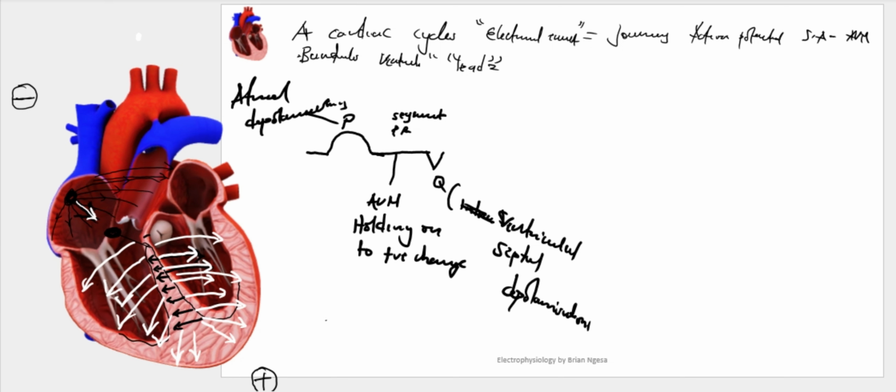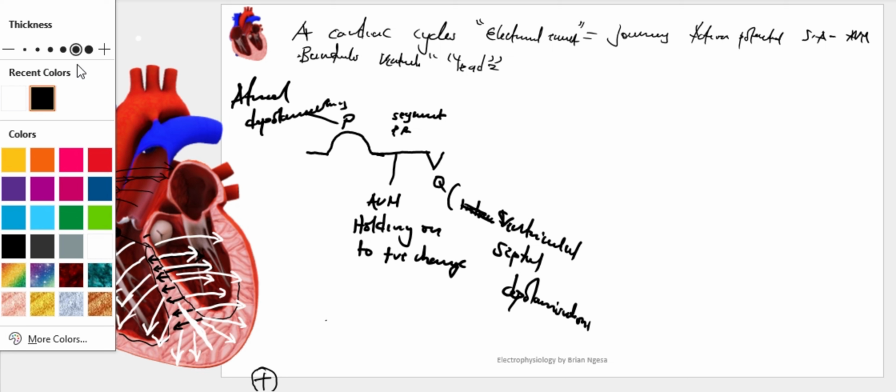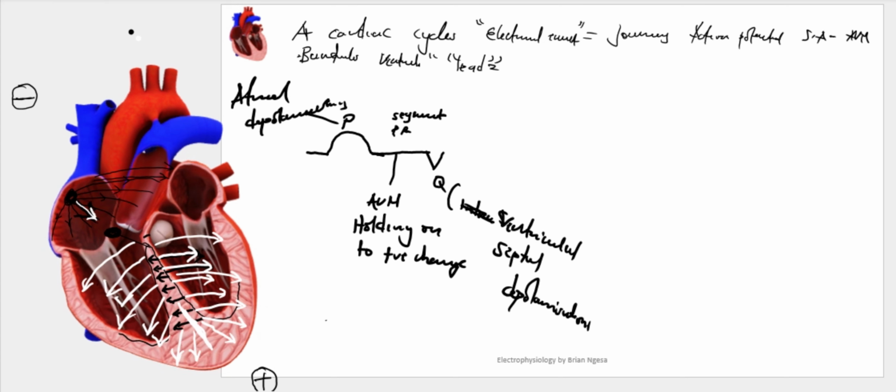If you take the summary, or rather the vector of this movement of charges, you are likely to end up with something like this. So for emphasis, let's revert back to our dark. This represents how you depolarize your ventricle.